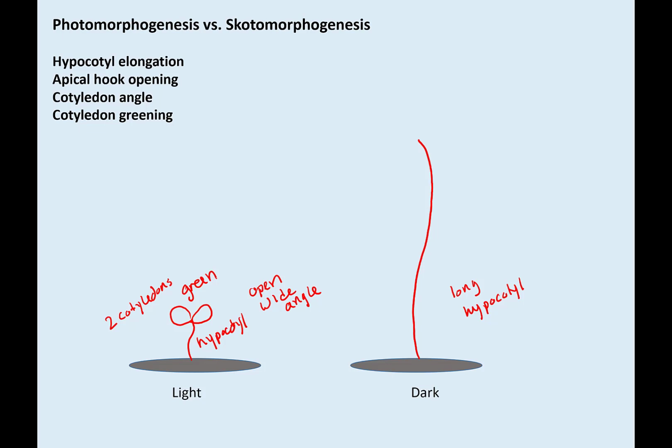On the other hand, in the dark, if you're following skotomorphogenesis, the apex is still hooked down. So we call this the apical hook is closed. And we also see the cotyledons are really close together.